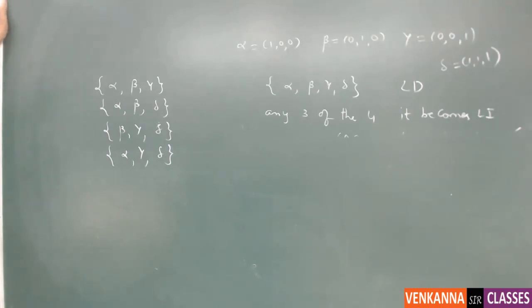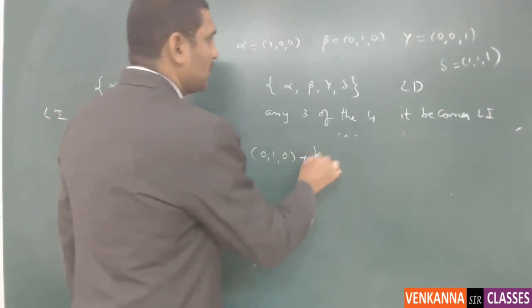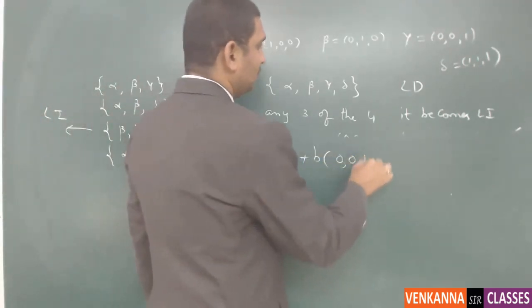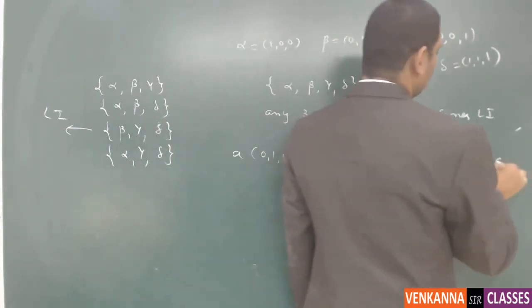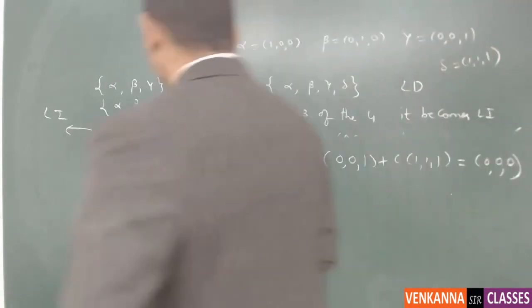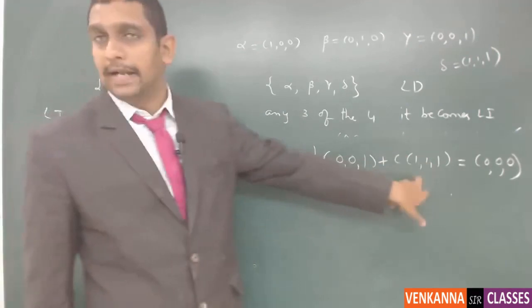Third one. So our task is we need to show this is LI. Let us write the combination first. So a(0, 1, 0) plus b(0, 0, 1) plus c(1, 1, 1) is equal to the 0 vector. So beta, gamma, delta.